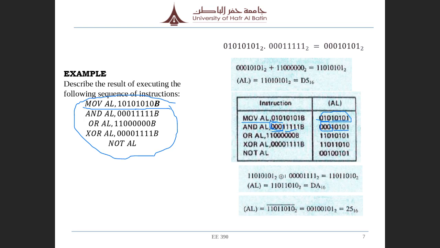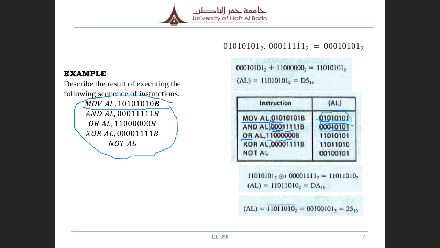Yeah. Now it's about the logical OR: OR AL, 11000000. So AL value is now this one, right? Not the previous one, because AL is changed. So AL is 00010101.